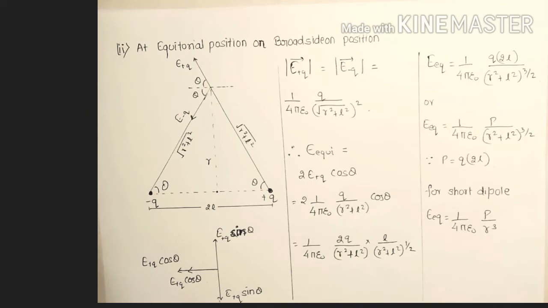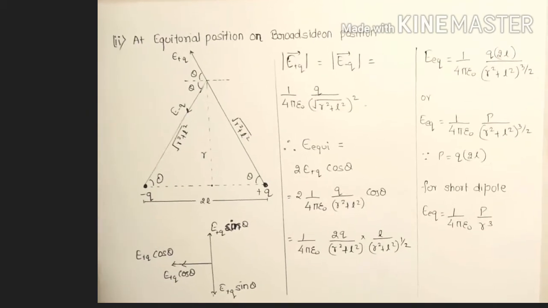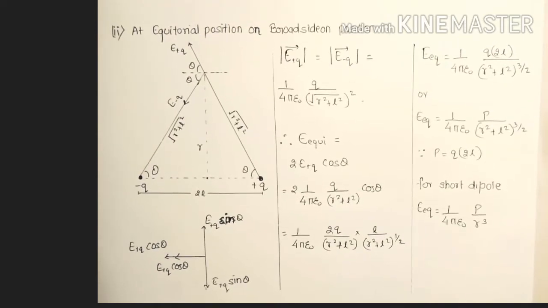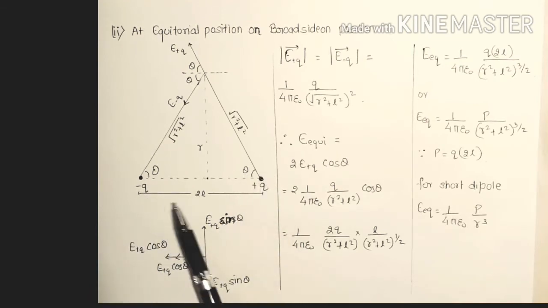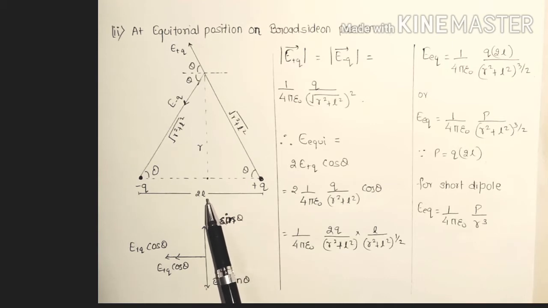Now let us find the expression for electric field intensity due to an electric dipole at its broadside on position. Here I have taken two charges, minus q and plus q, so it is an electric dipole separated by distance 2l. This line is the perpendicular bisector, at a distance r from the center of the dipole.